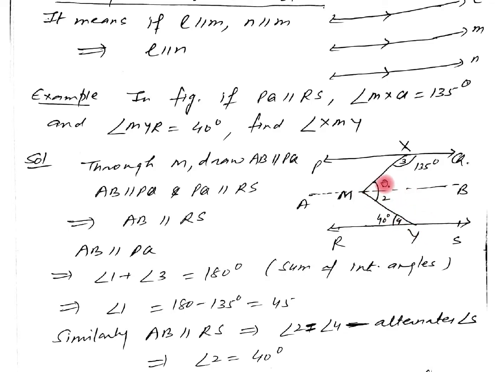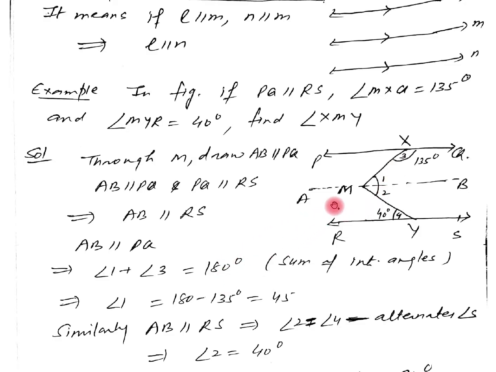We split this angle into two parts, angle 1 and angle 2. First, PQ is parallel to AB, or you can say AB is parallel to PQ. Therefore we can say angle 1 plus angle 3 equals 180 degrees. If the lines are parallel, then the sum of the interior angles equals 180 degrees.